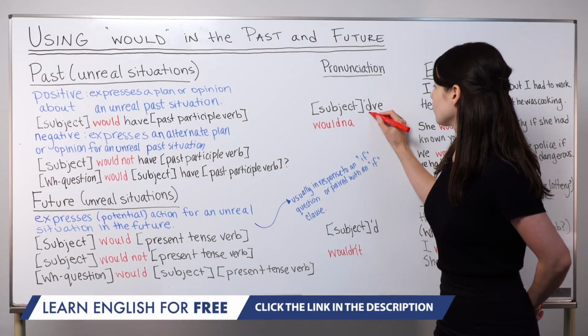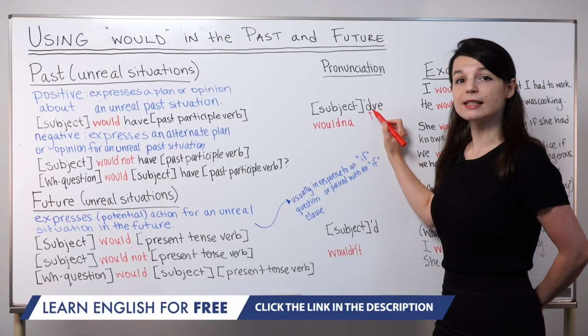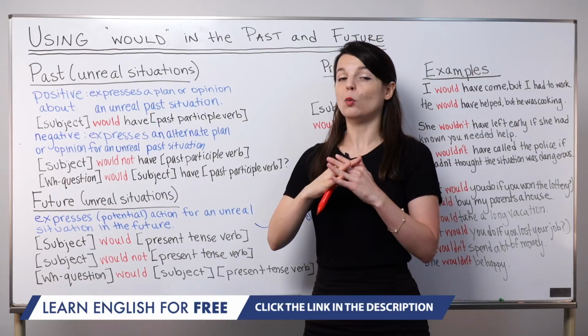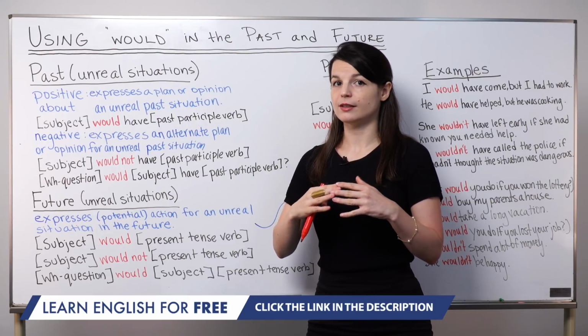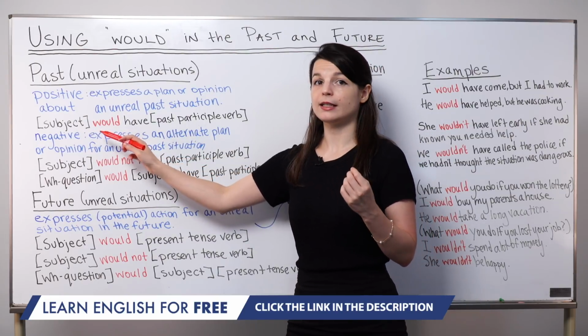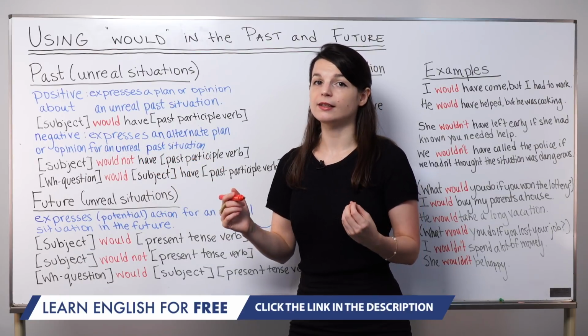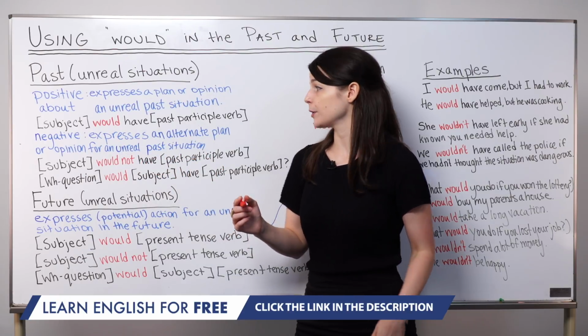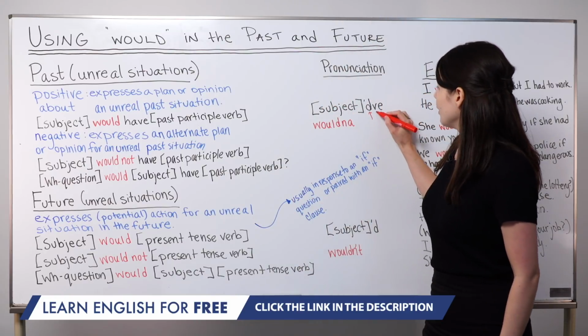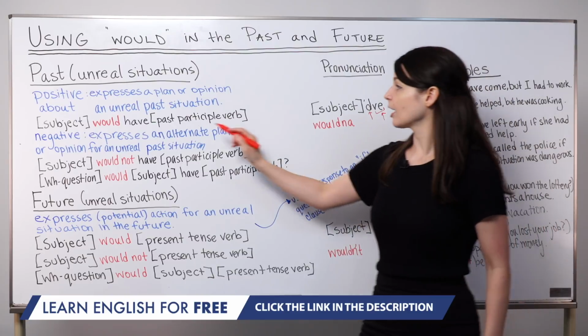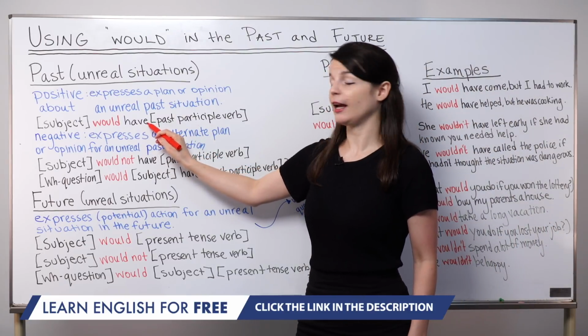This D sound is the would. So we reduce the would sound to D. So this means I'd, he'd, she'd, we'd, they'd. So it's a very quick D sound. Then this V sound comes from have.